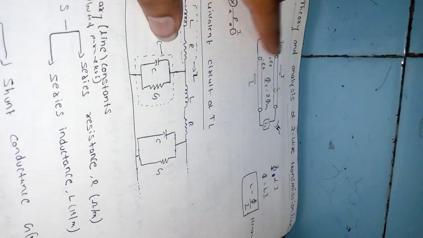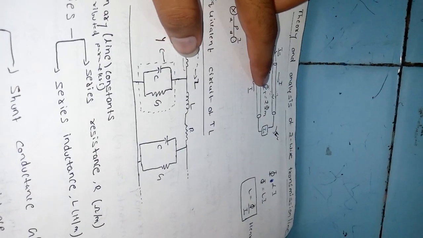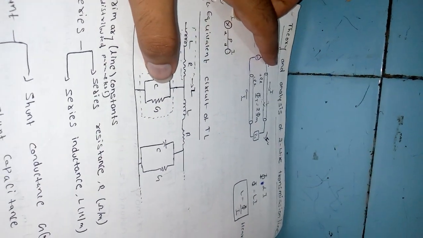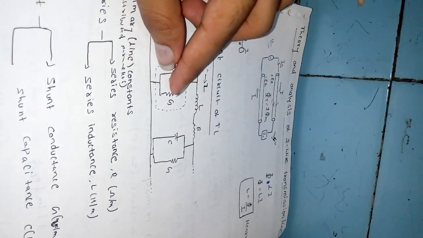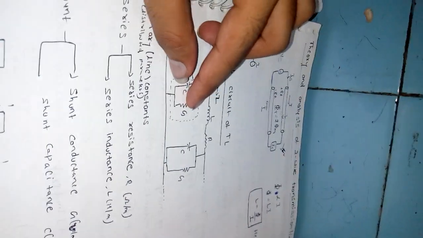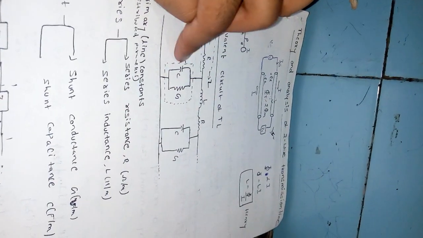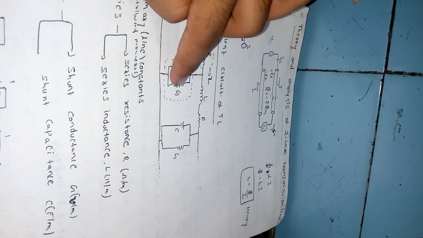This is the series resistance, and between the two wires there are conductors with a dielectric between them, which gives capacitance. A shunt conductance G is there, because every capacitor has some loss, and that is represented by the shunt conductance. C is the shunt capacitance, G is the shunt conductance. The series impedance can be written as Z, and the shunt admittance as Y.